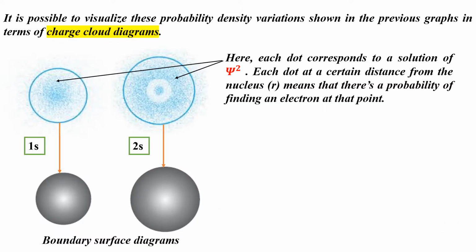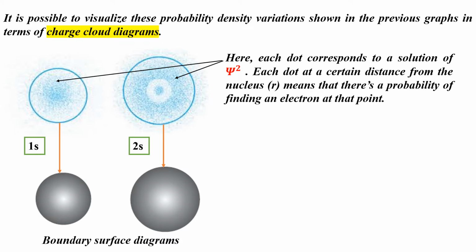picture. It is possible to visualize these probability density variations shown in the graphs plotted between psi square as a function of r against r in the case of 1s and 2s orbitals in the terms of charge cloud diagrams. When scientists solved the Schrödinger wave equation, they got different values of psi square.